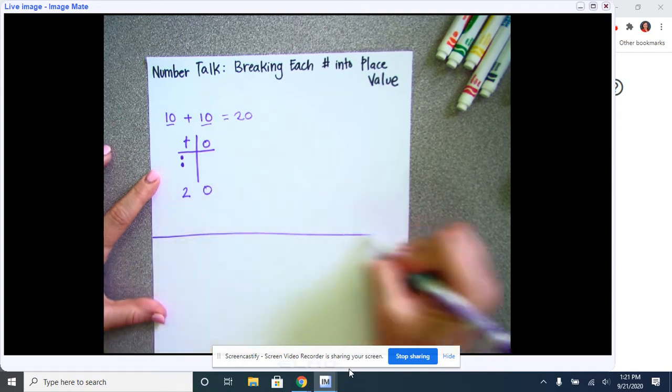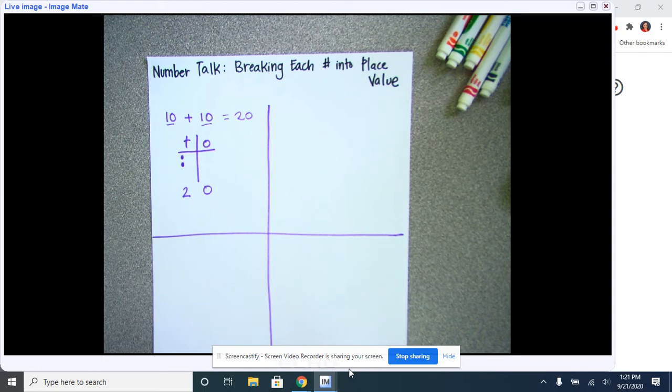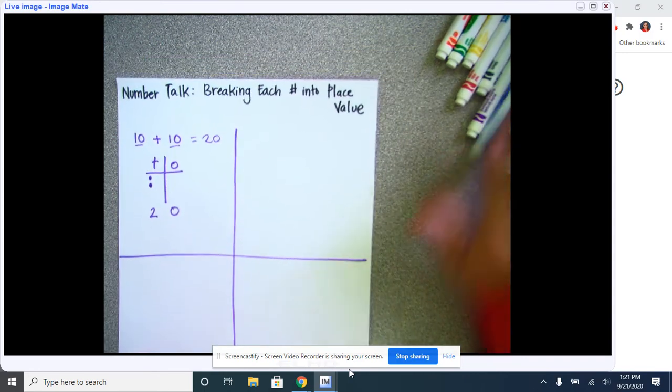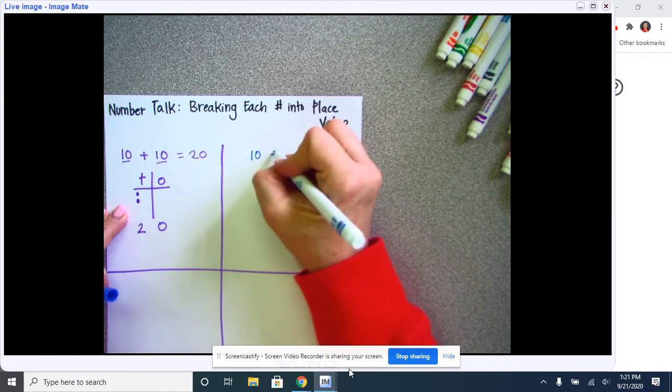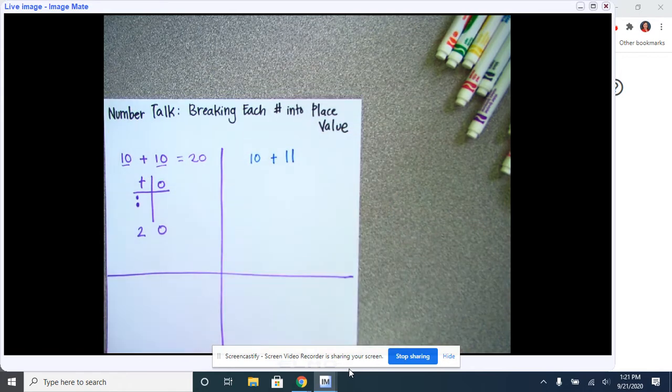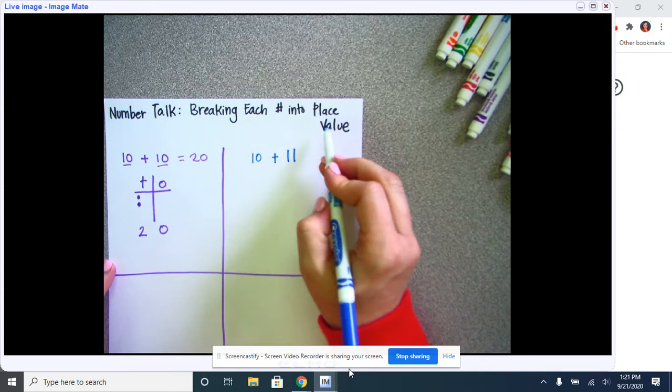All right, the second one is a little bit harder. I'm going to break my board into 4 spaces, okay? The second one that we're doing is 10 plus 11. All right, two things I'm thinking. First, we can break it into place value, which is our skill today.